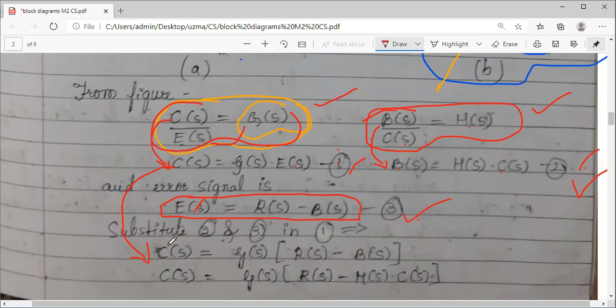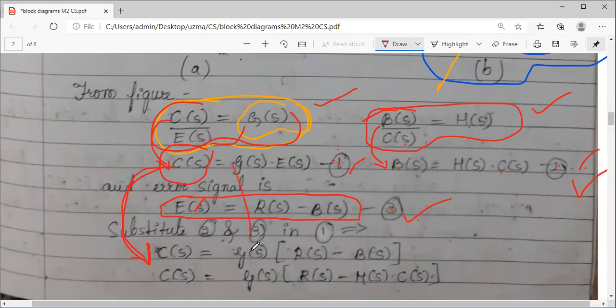Because I am interested in the transfer function of the overall system. For the transfer function of the overall system, I have to take the output by input. If you look into all three equations, 1, 2 and 3, your output is C of S. From equation 1, I can get that at the LHS. So let me take equation 1 directly.